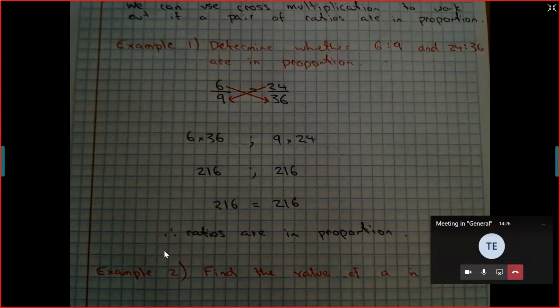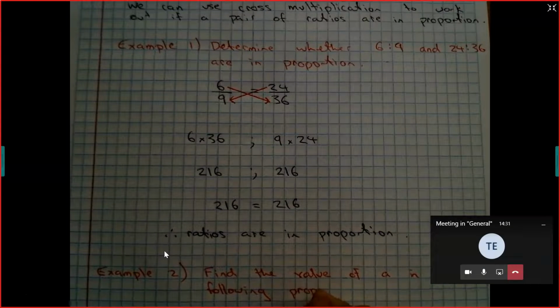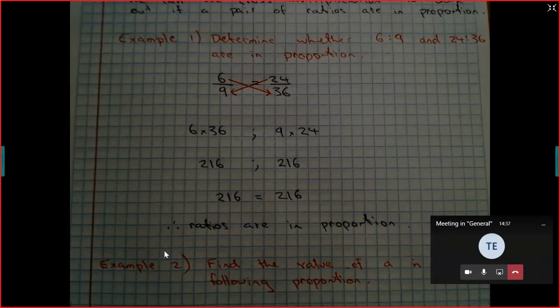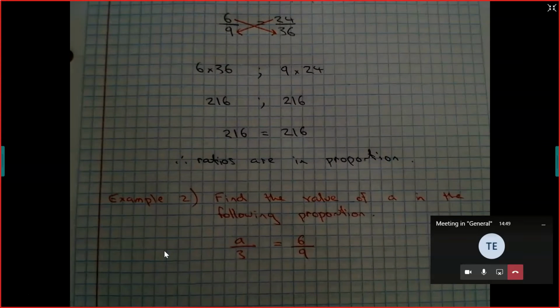In the following proportion, A over 3 is equal to 6 over 9. I've got these two ratios and I'm told that they're in proportion. So when I do this cross multiplication, I know that those two products will be equal to each other, and that will allow me to determine the unknown value A.